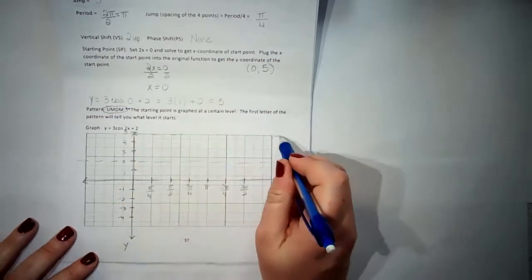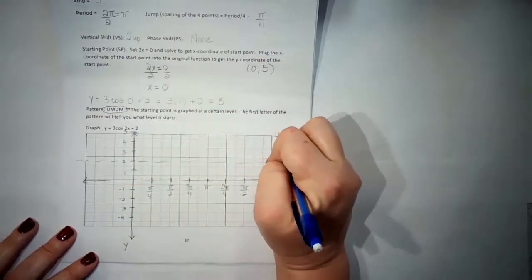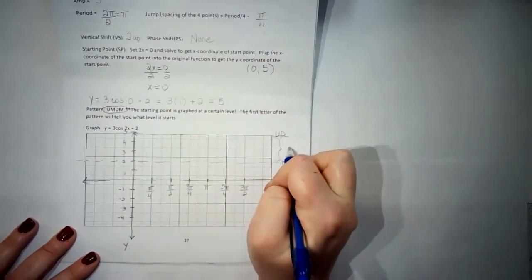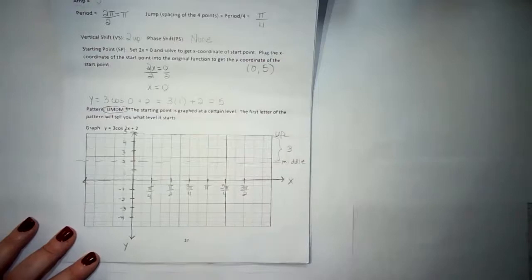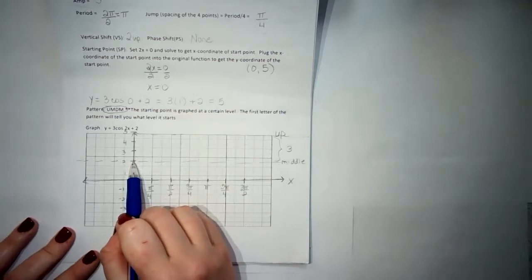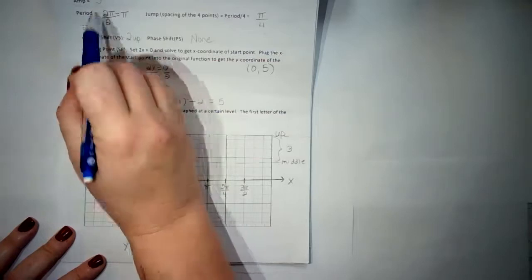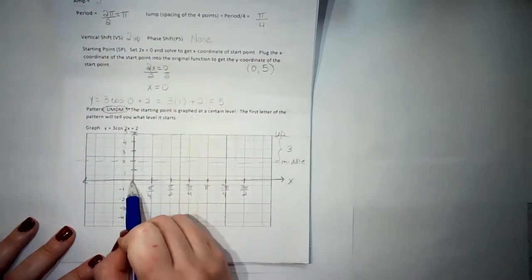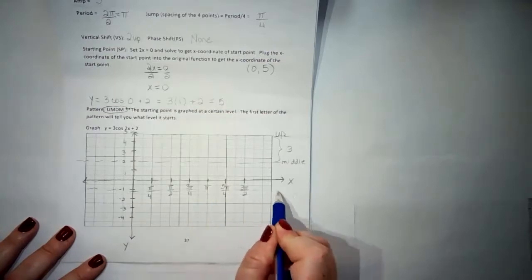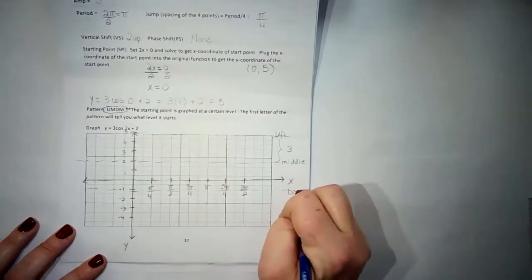My top is way up there, because this needs to be 3. Then if I go back to my middle, where's my down going to be? How many am I going to scoot down for the down? 3 for amplitude. 1, 2, 3. My down is going to be right here.